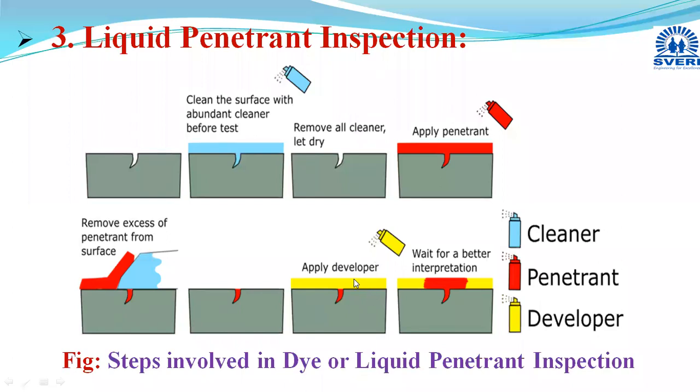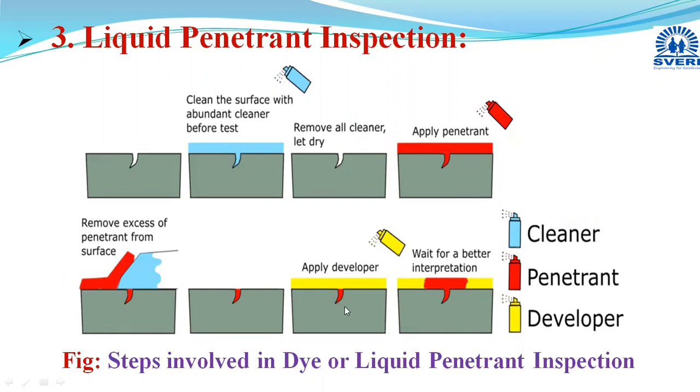Here we can go for some powder particles also. Talc powder we can use, as we have used chalk piece powder in our lab. We have done both methods. Excess developer can be removed, or give some time.